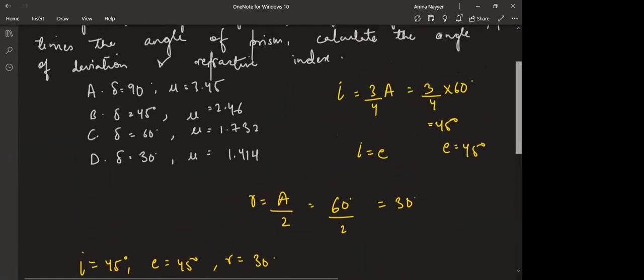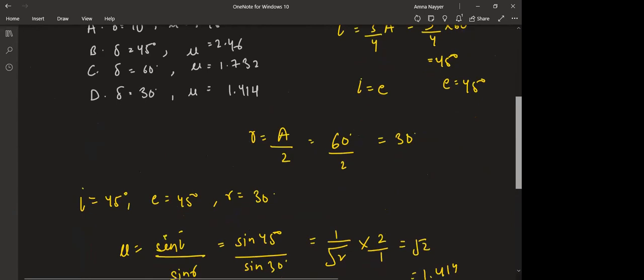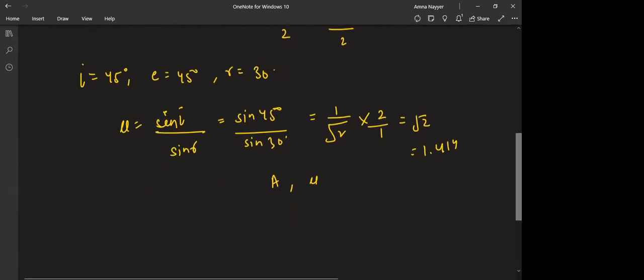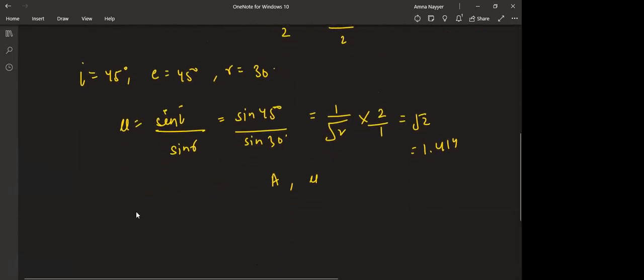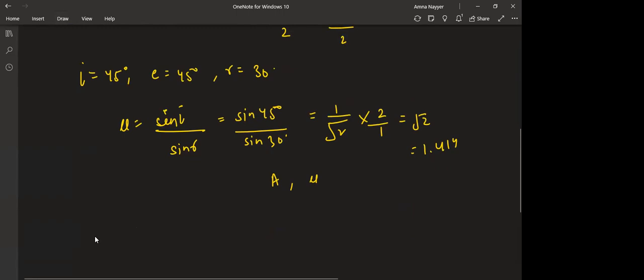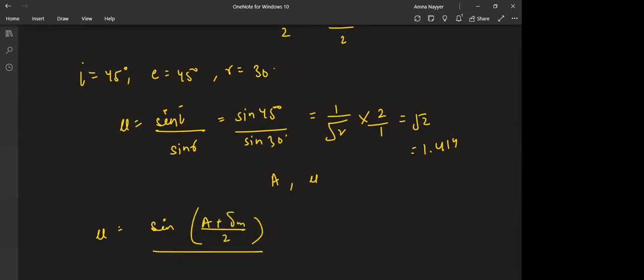And what else was asked in this question? Calculate the angle of deviation. So you already have A, the angle of the prism. You have i, you have A, you have mu, and from here you can easily calculate delta. So one thing you can do is properly write down the refractive index. You have it now. So the angle of deviation can be calculated using the formula mu is equal to sine (A plus delta m) by 2 divided by sine A by 2.